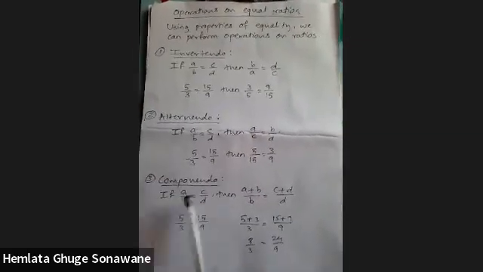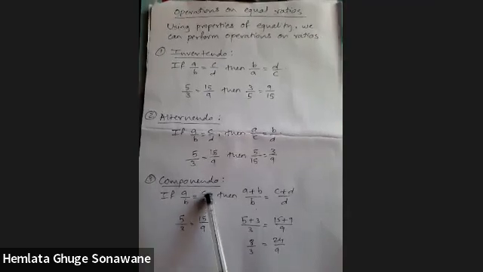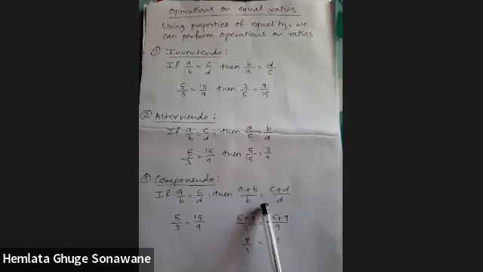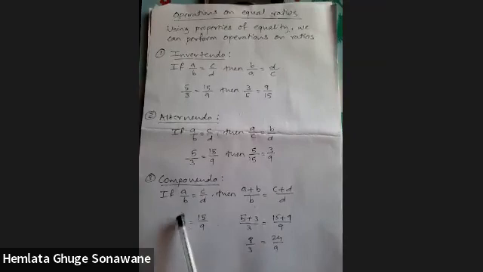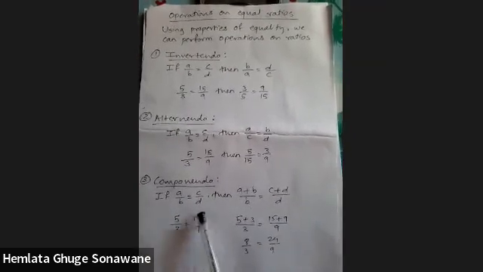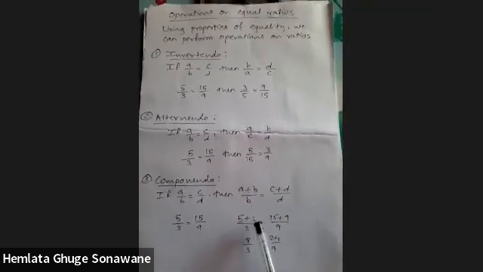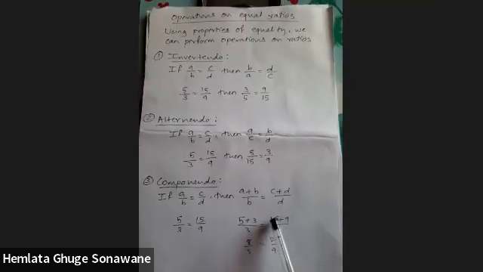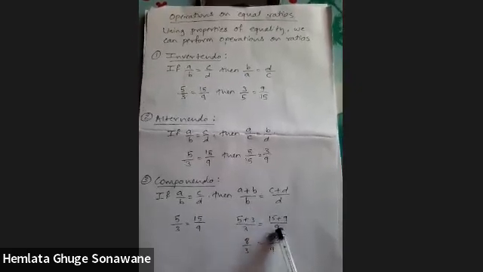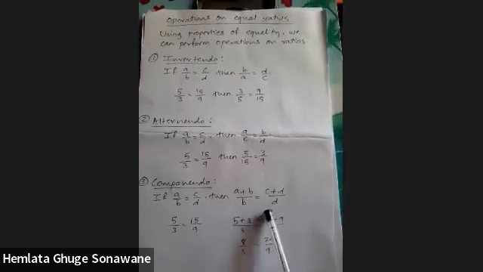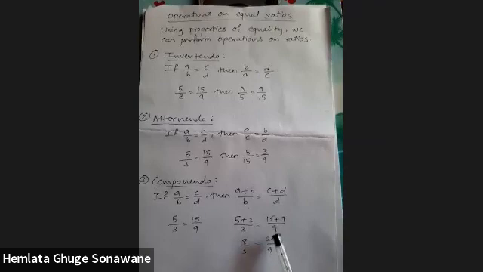Next is componendo. If A upon B is equal to C upon D, then A plus B upon B is equal to C plus D upon D. For example, 5 upon 3 is equal to 15 upon 9. Here it is our A, B, C, D. We'll apply property of componendo, then it becomes 5 plus 3 upon 3 is equal to 15 plus 9 upon 9. 5 plus 3 is 8 upon 3. 15 plus 9 is 24 upon 9.